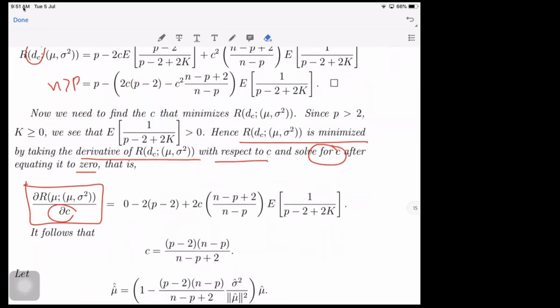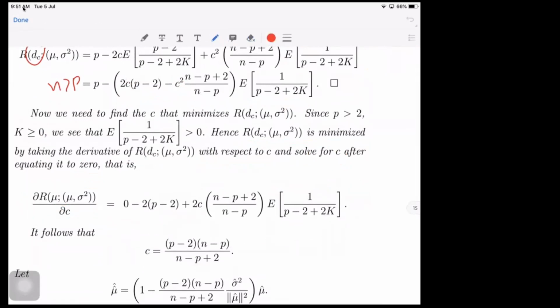This term will be a constant with respect to C, so it becomes 0, and then this has a C there, so the derivative of C is 1.